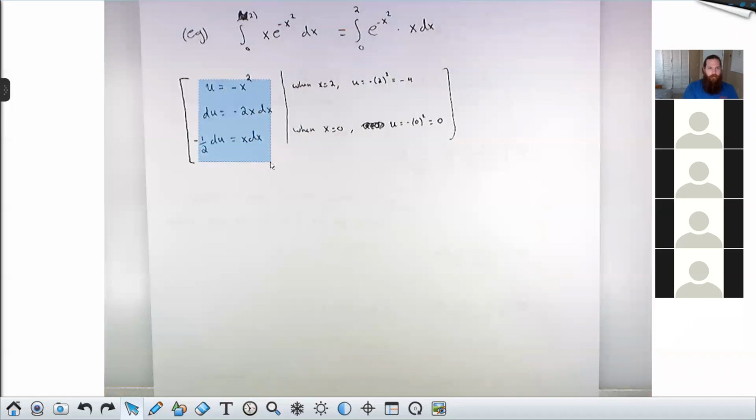Here's all the things we've been doing, like in an indefinite integral. But then I also need this work to change the bounds. Very, very important that you change the bounds, because these old bounds are for x, and I'm changing my whole integral to be an integral in terms of the variable u.